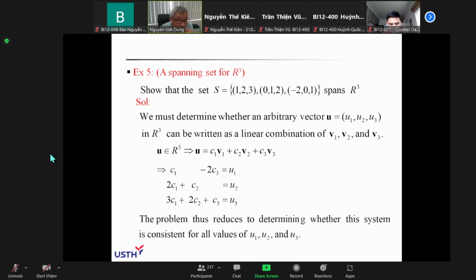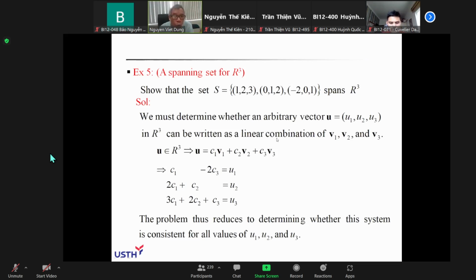the example here show you that any exercise concerning a spanning set or span of S is always related to the system of linear equation. And here, the exercise requires you to verify that the set S of three vectors like that is a spanning set of R3. How you can do it?